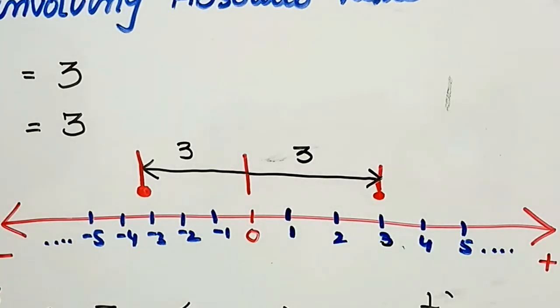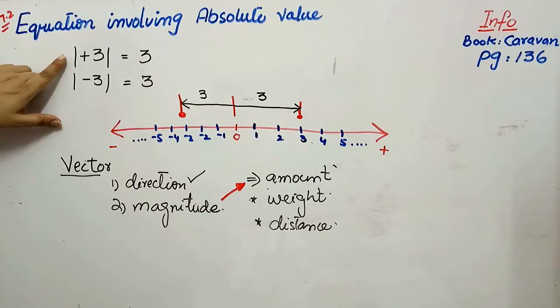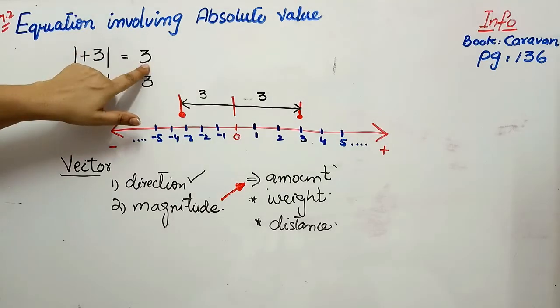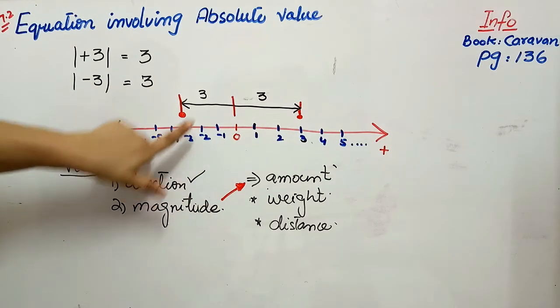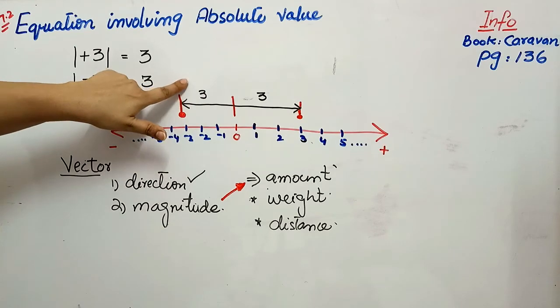If a car is traveling towards north, east, west or south, that car has covered 6 kilometers, 2 kilometers, 3 kilometers of distance. So we just have to focus on the magnitude. Positive 3 is equal to 3 and negative 3 will also be 3, as from 0 to negative 3 he again has covered 3 kilometers of distance.